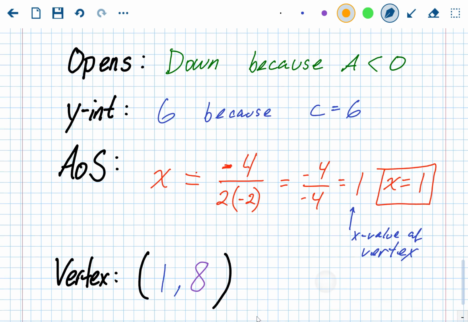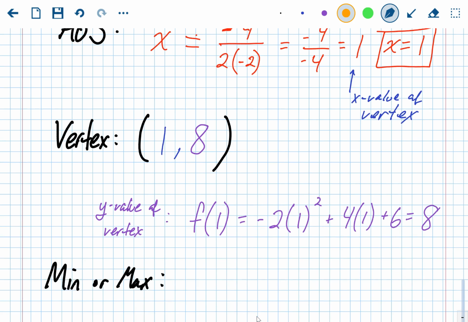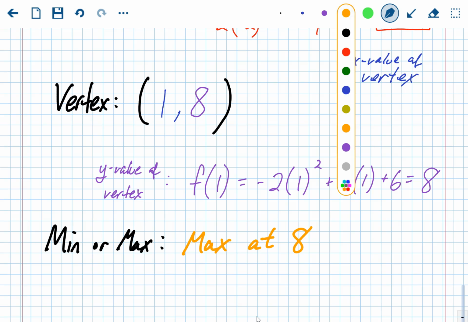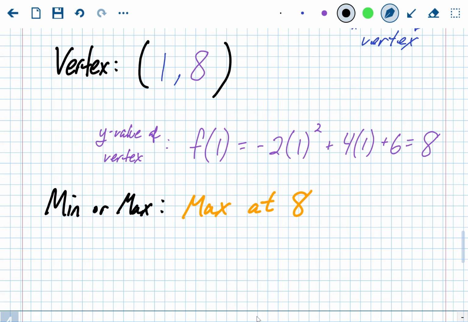Because our a value is negative and it opens down, it means that our graph is going to have a maximum instead of a minimum. Okay. But we could also figure out what that value is. We're going to have a maximum value at the y value of the vertex. We're going to have a maximum of 8. All right, and the last things we're going to find are the domain and the range.